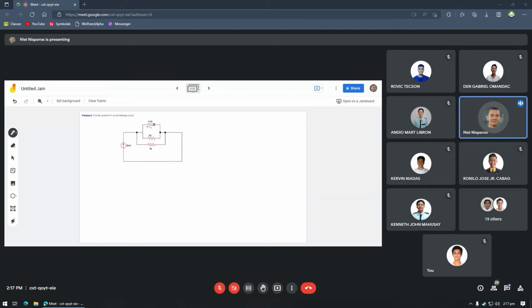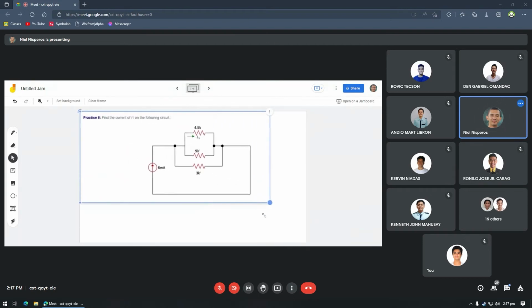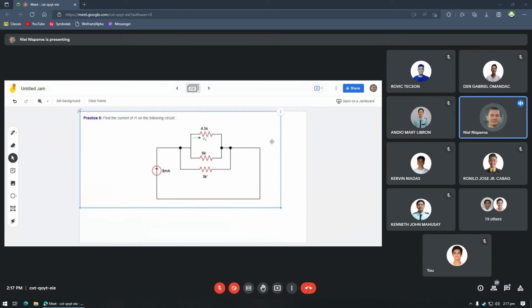Even though the 4.5K ato sa pawana na, ato i-inline siya. The 4.5K and the 9K are the first connection nga parallel, pero connected in parallel man gihapon sila ni 3K. So if i-rewire ni siya, mura ra gihapon sila connected in parallel directly.